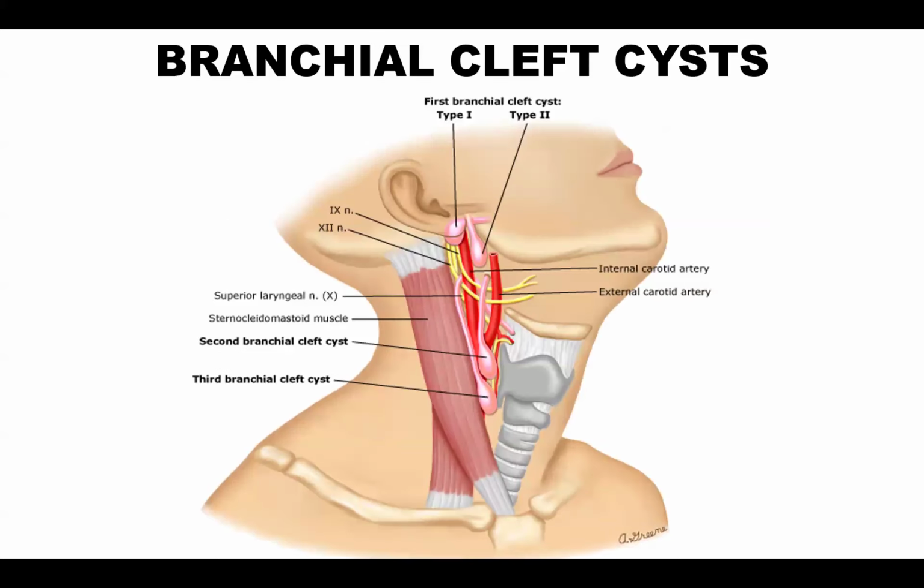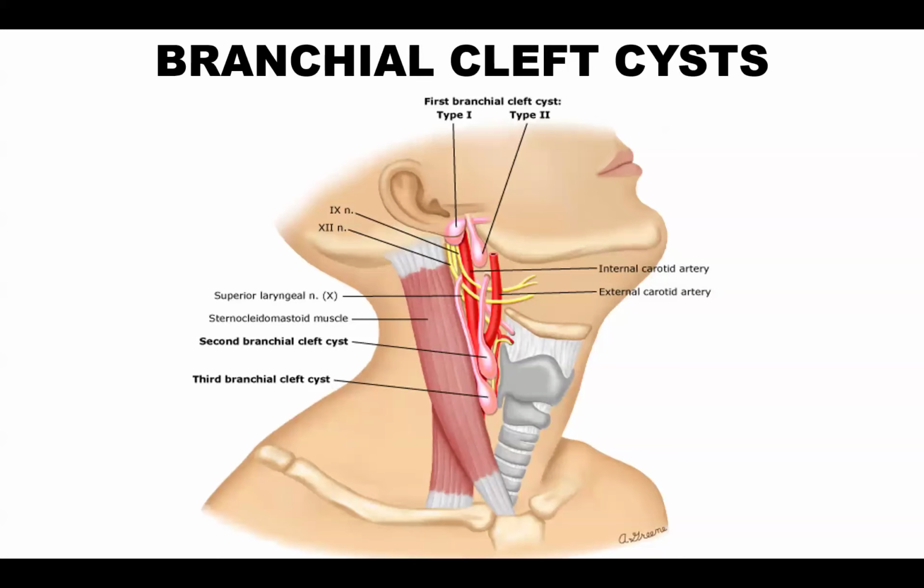Now, let's look at this beautiful illustration. You can see the first branchial cleft, type 1, around the auricle, and the type 2 just below the angle of the mandible. Now, the second branchial cleft cyst and the third and fourth are along the anterior border of the sternocleidomastoid.